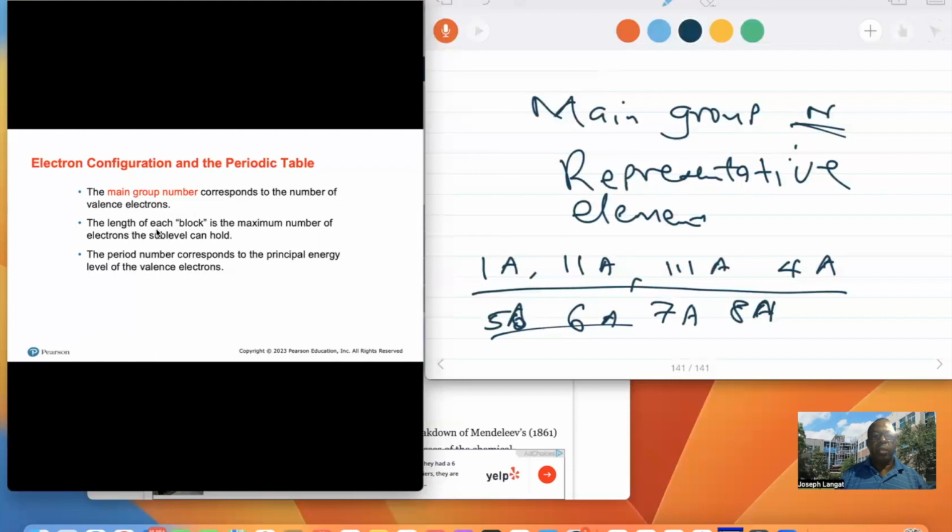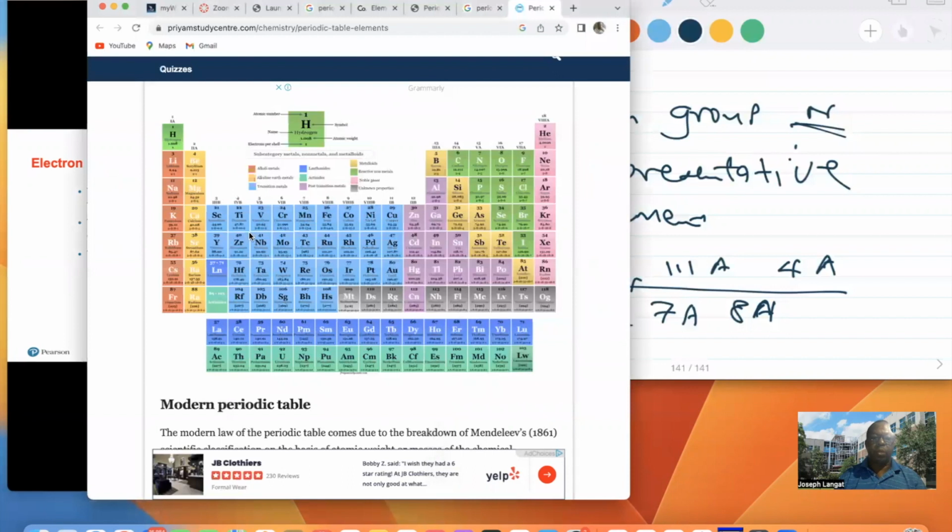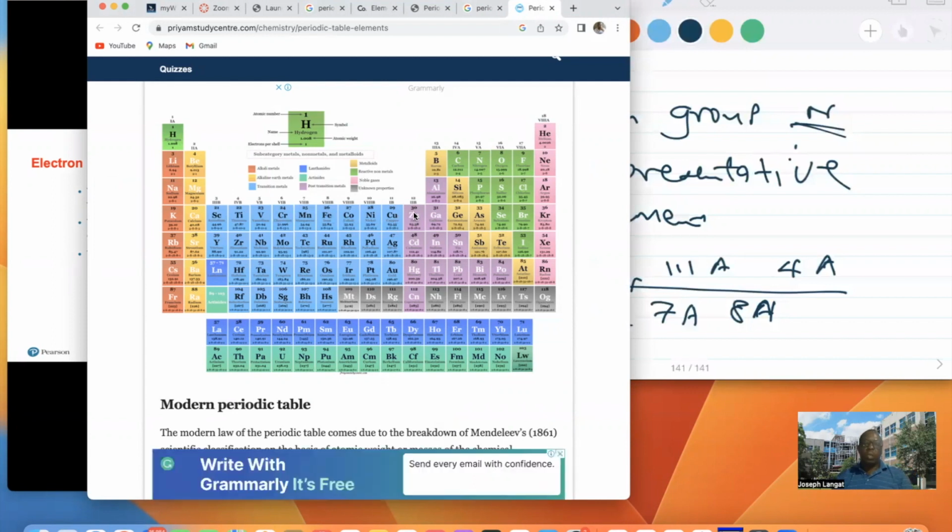Now, the length of each block is the maximum number of electrons the sublevel can hold. The length, what does that mean? If you look at the periodic table, the length here, 1, 2, 3, 4, 5, 6, 7, 8, 9, 10. So the D sublevel will take 10. This is the S sublevel.